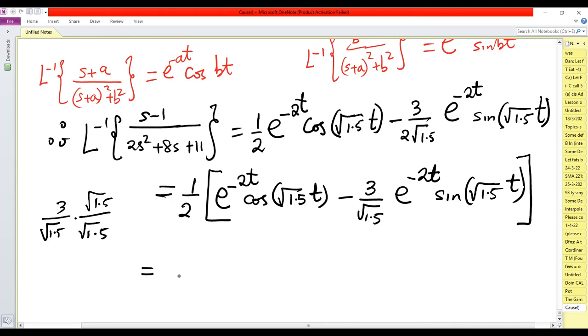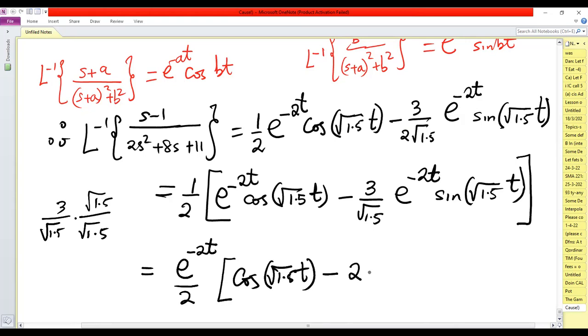So you can as well write this as e raised to the power minus 2t over 2 into cosine of root 1.5 t minus twice root 1.5 sine of root 1.5 t.